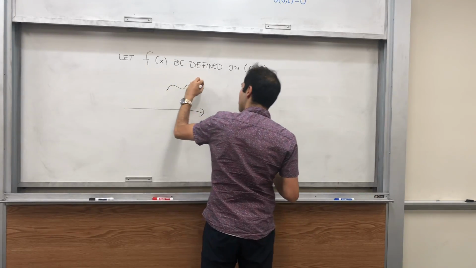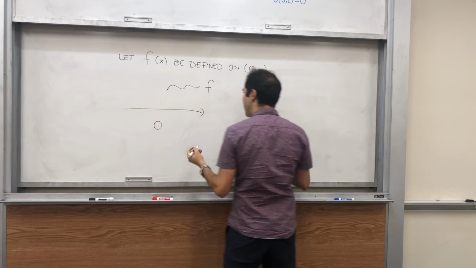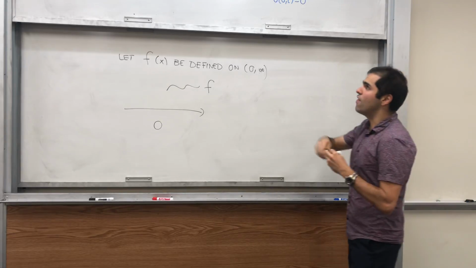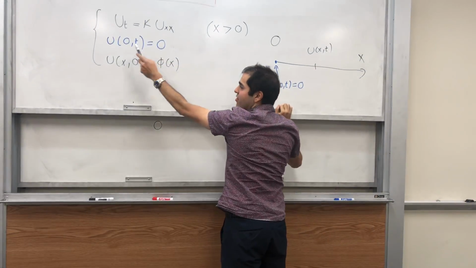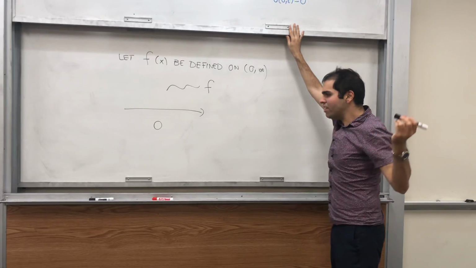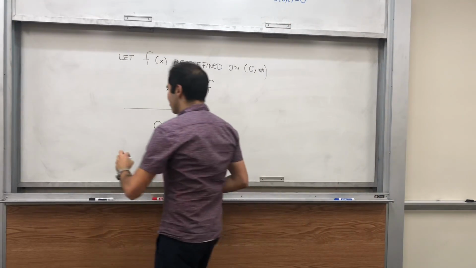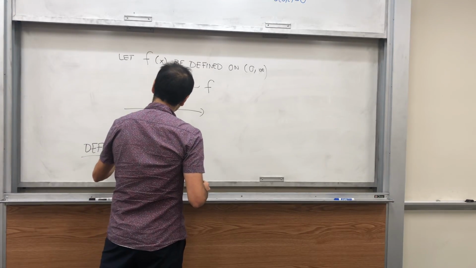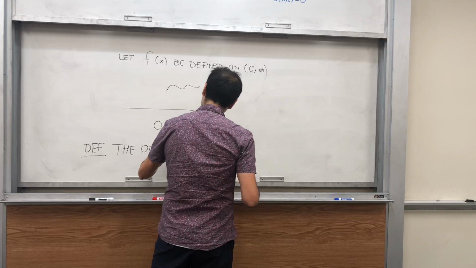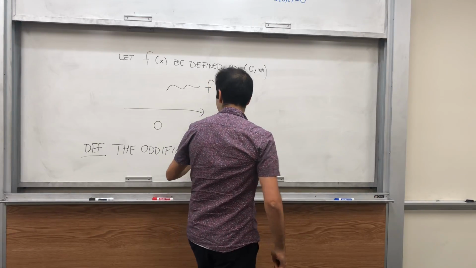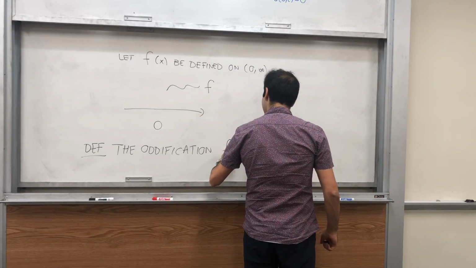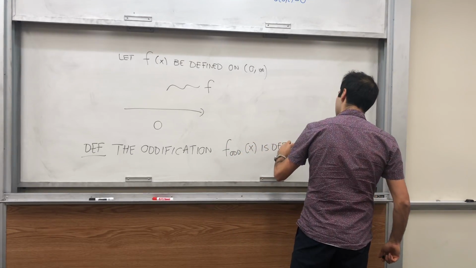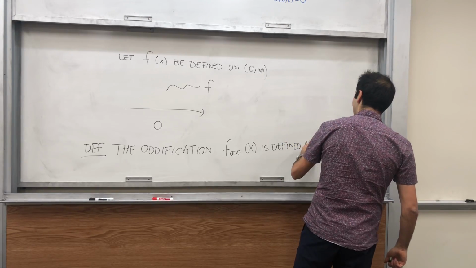So this thing. And again, the question is, how can we extend f such that the value at 0 is still 0? Well, this is what's called an oddification. So, definition: the oddification, which I like to call f_od, is defined as the following.